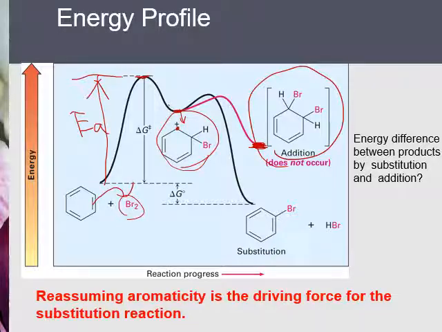Another way is to eliminate this hydrogen. Two electrons go to here and form the aromatic substitution product. Note that the energy of the aromatic substitution product is much lower than the addition product, and thermodynamically this is much more favorable. In practice, this is the only product formed by electrophilic aromatic substitution reaction.